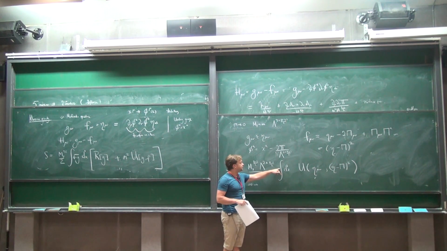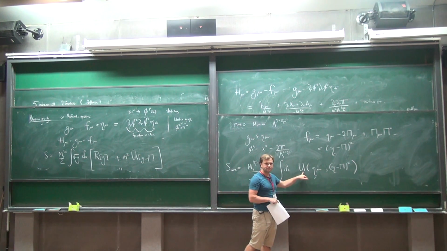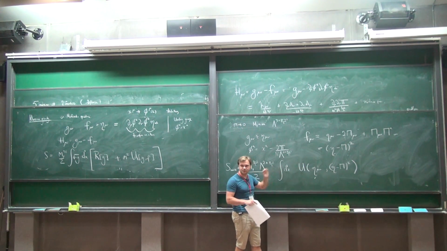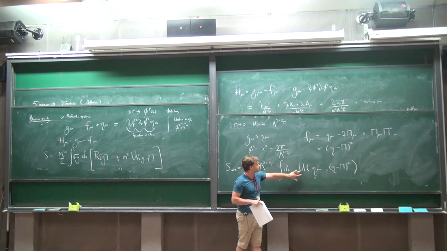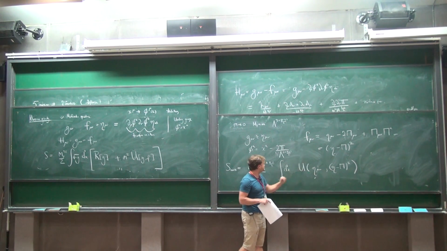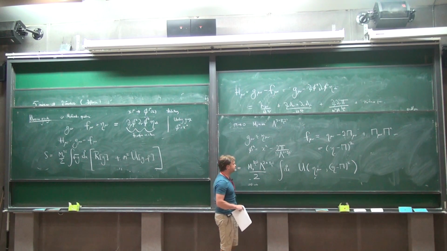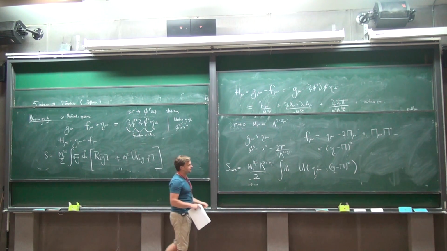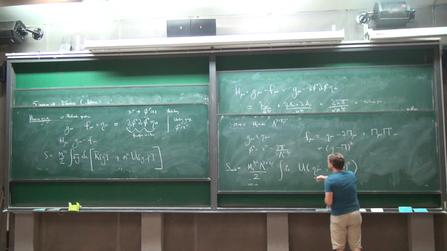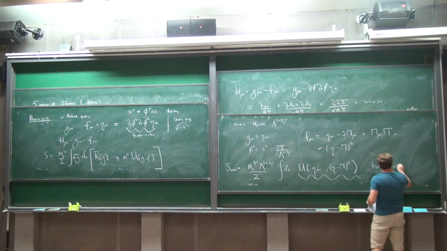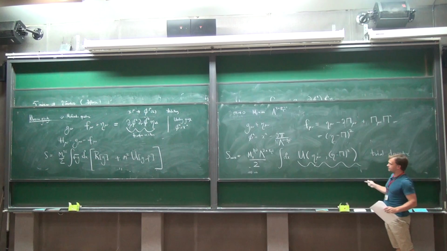But the resolution is, if this thing is a total derivative, then this limit is okay, because we could just integrate by parts, and if we ignore the boundary term, as we're doing at this level, then this thing would be 0, and we would have 0 times infinity, and that would be a consistent limit, at least, and then we can go to next subleading order and check that that works out okay. So that tells you that this combination has to be a total derivative. Otherwise, the decoupling limit does not make sense.